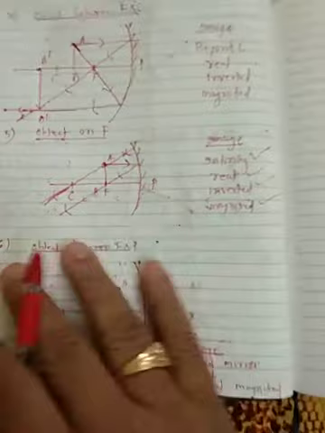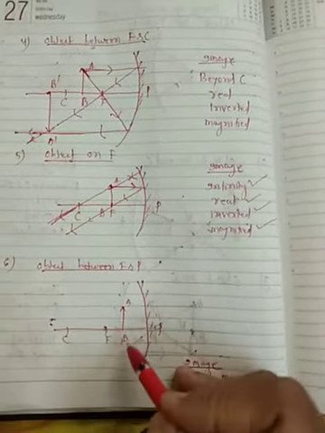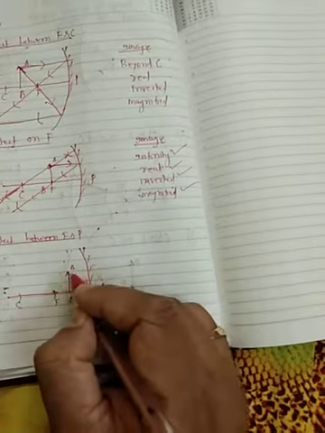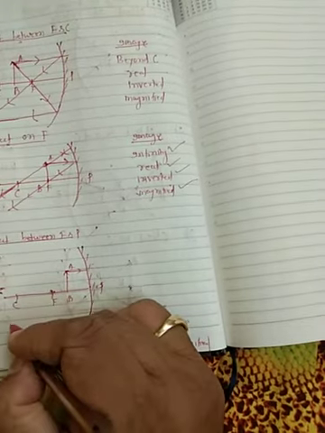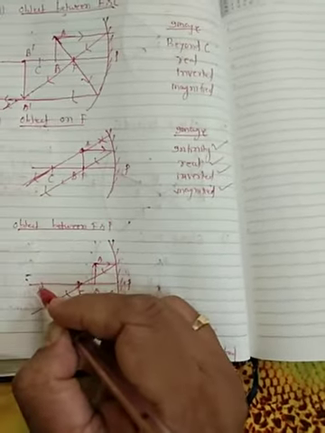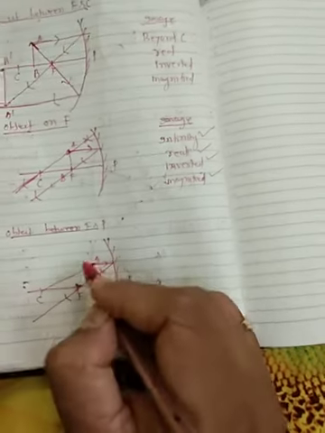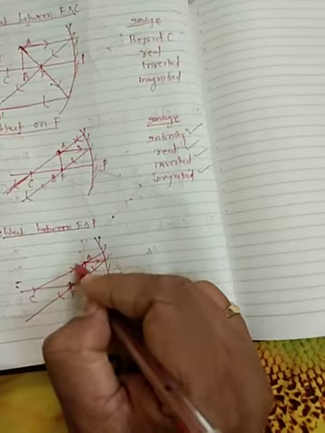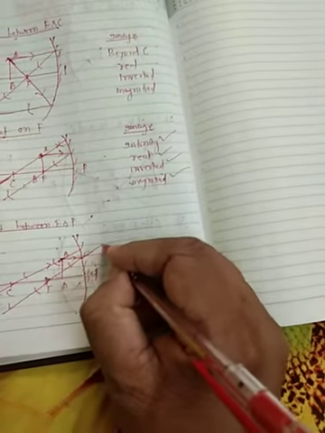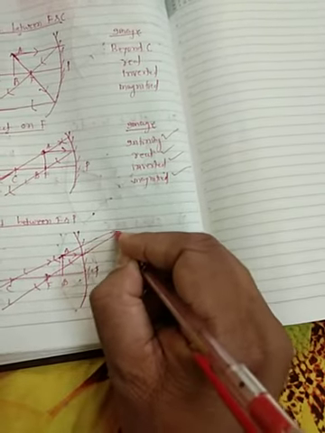Now the last case. In all these 5 cases there are real images. The last case is object between focus and pole. Take a ray of light parallel to principal axis, it will pass through focus. Take a ray of light through center of curvature, it will return back. You can see both the reflected rays are diverging. Diverging means they are moving away from each other, so they will never meet. So what do we have to do? We have to extend them back, like in the plane mirror.